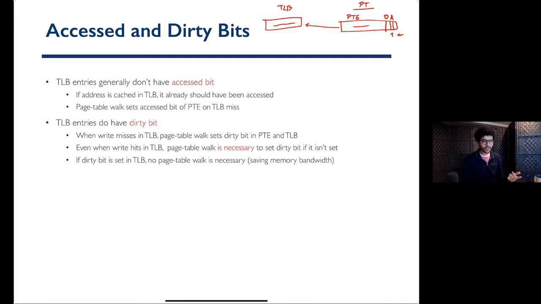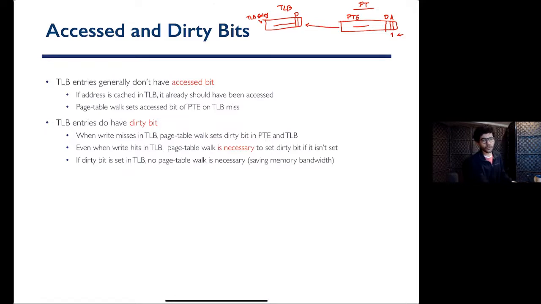Okay, do I need to have this bit in the TLB? The answer is yes. It actually matters to have this bit in the TLB entry as well. So if this is a TLB entry, it's good to have this dirty bit.